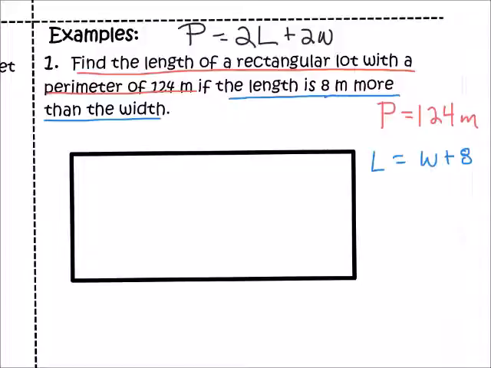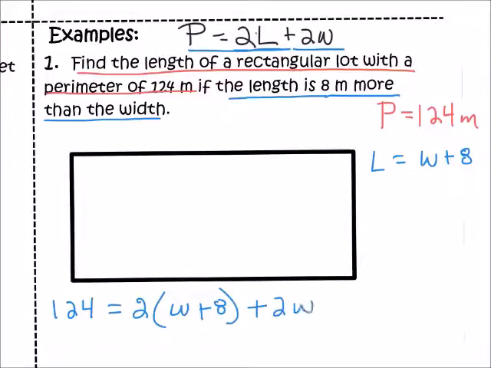We know that the perimeter is 124, so we can write 124 equals, going back to this equation, 2 times L, because that's what 2L stands for. We saw L was W plus 8, and then we have to take care of this part, plus 2W.